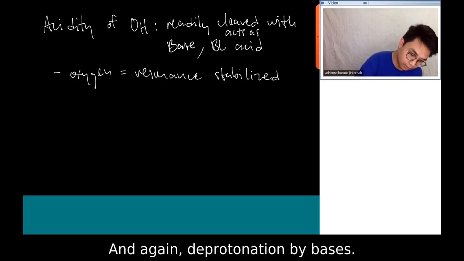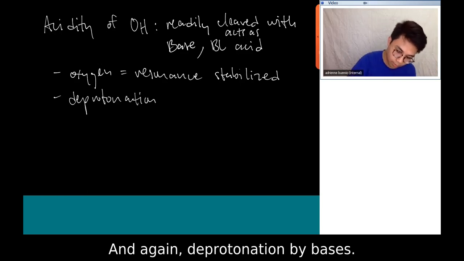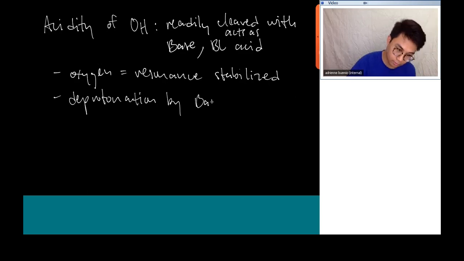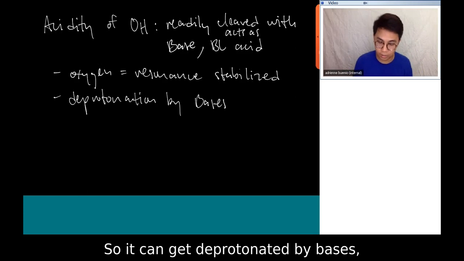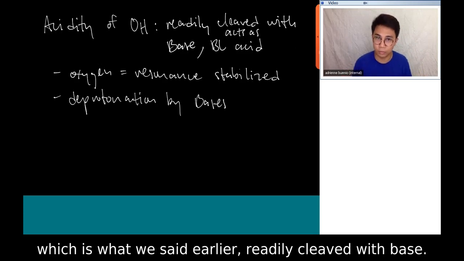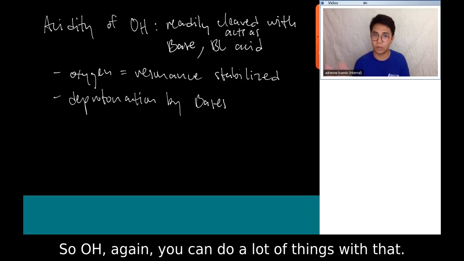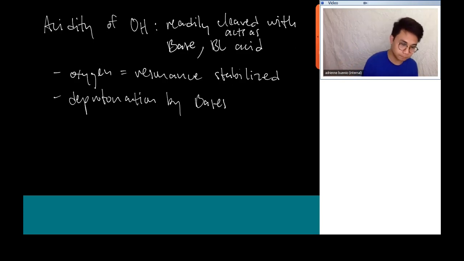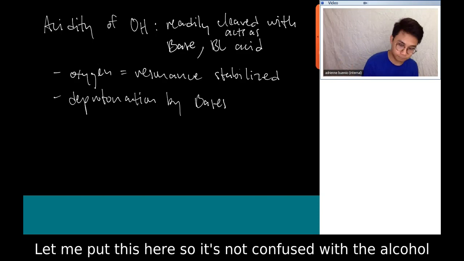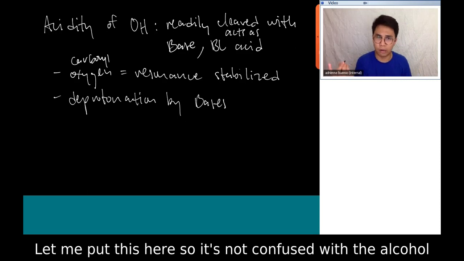And again, deprotonation by bases. So yes, it can get deprotonated by bases, which is what we said earlier, readily cleaved with base. So OH, again, you can do a lot of things with that. Let me put this here so it's not confused with the alcohol oxygen.